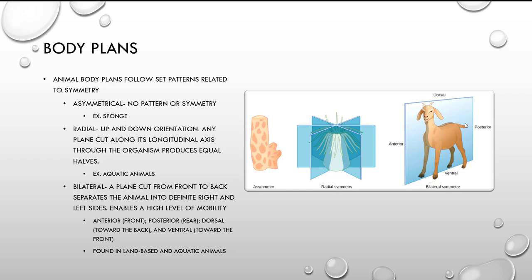It's just because they walk on all four legs. It's a little bit different positioning than us humans, where our ventral is towards our chest and belly. When we're standing upright, that would be forward, and backward would be the dorsal. Okay, instead of forward, for the goat dorsal is up and ventral is down.